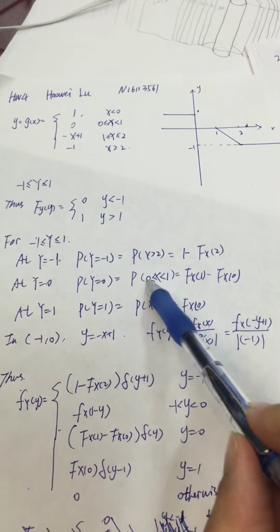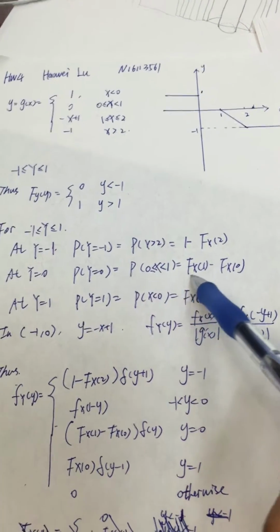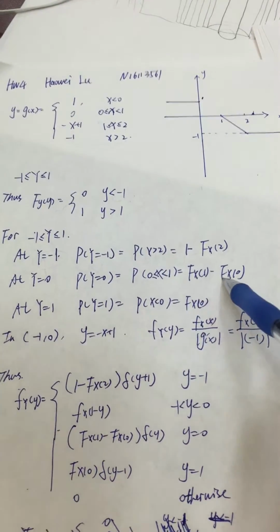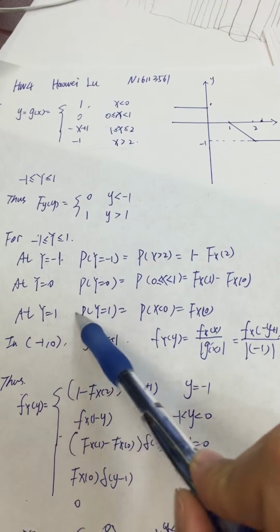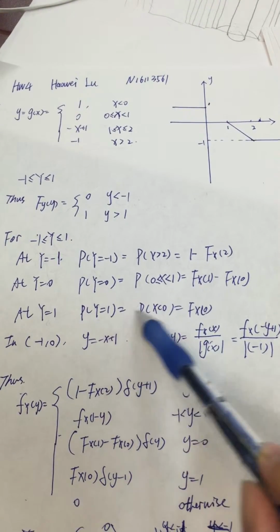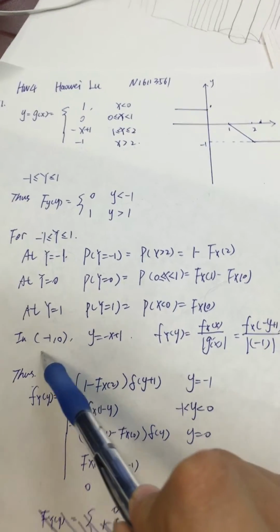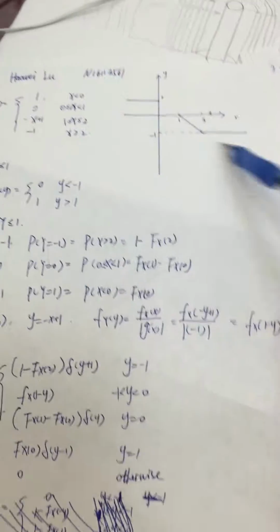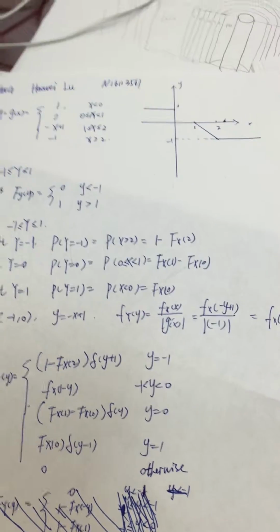Similarly, the probability of y equal to 1 is equal to Fx(1) minus Fx(0). So at the point y equal to 1, the probability of y equal to 1 equals Fx(0). In the area of -1 to 0, this is the function g(x).